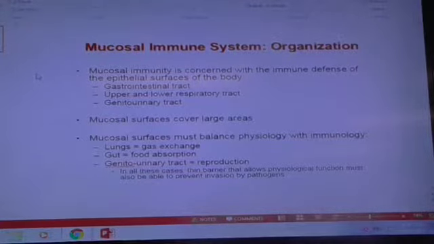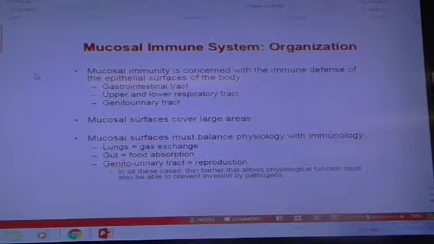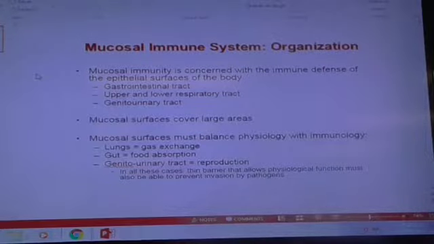pathogens? We should also think about how the mucosal immune system is not acting against innocuous, harmless antigens that are entering, either through the food, in the case of the gastrointestinal tract. Food contains a lot of proteins that could be potentially antigenic and do cause problems in a few animals or humans.